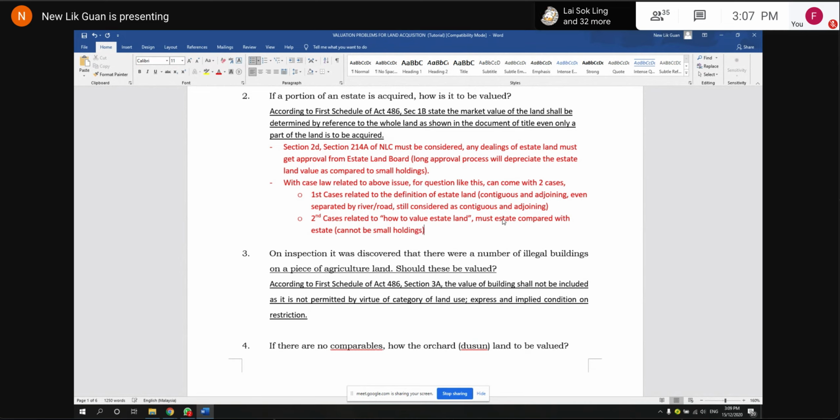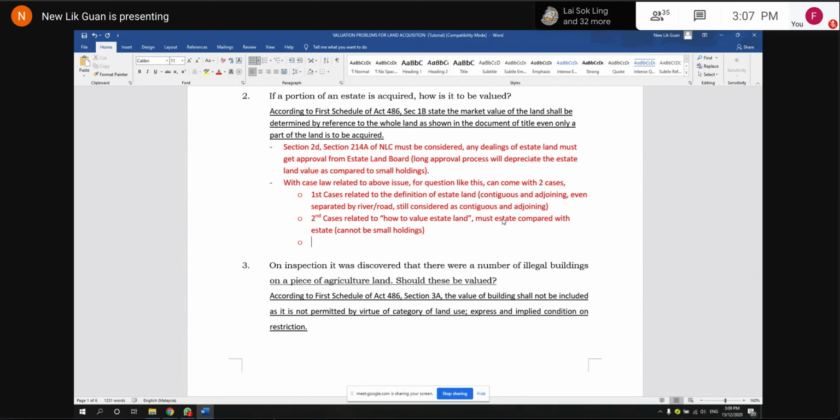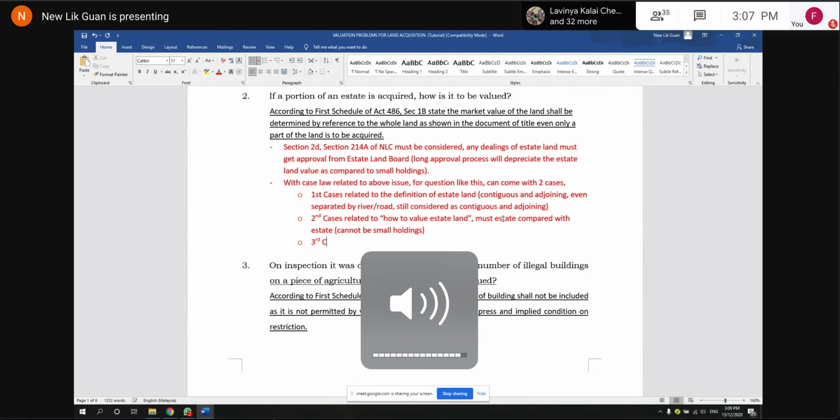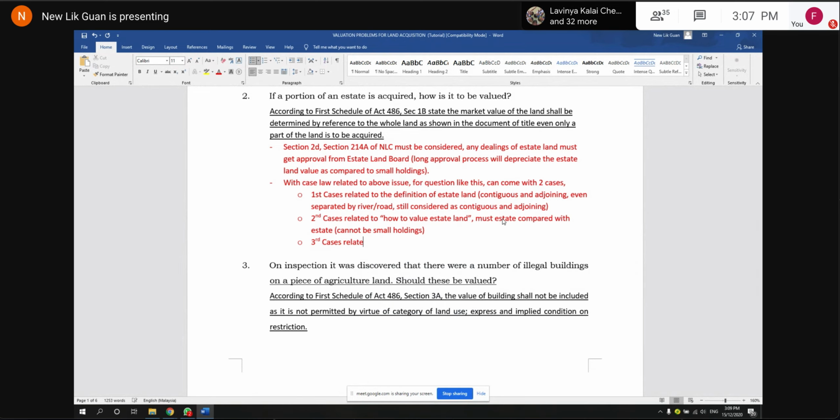If we can have a third one, much better. The third one is the Batam Consolidated case. It mentions what happens if land is acquired.